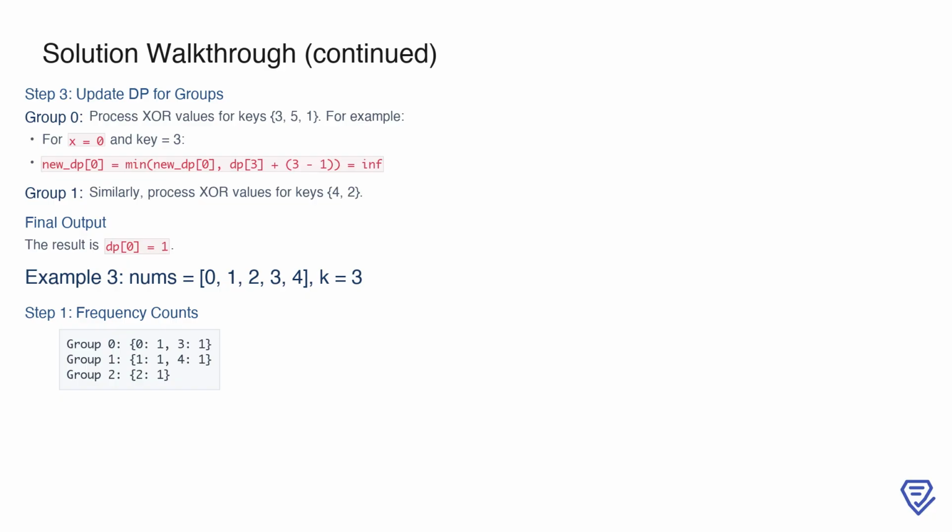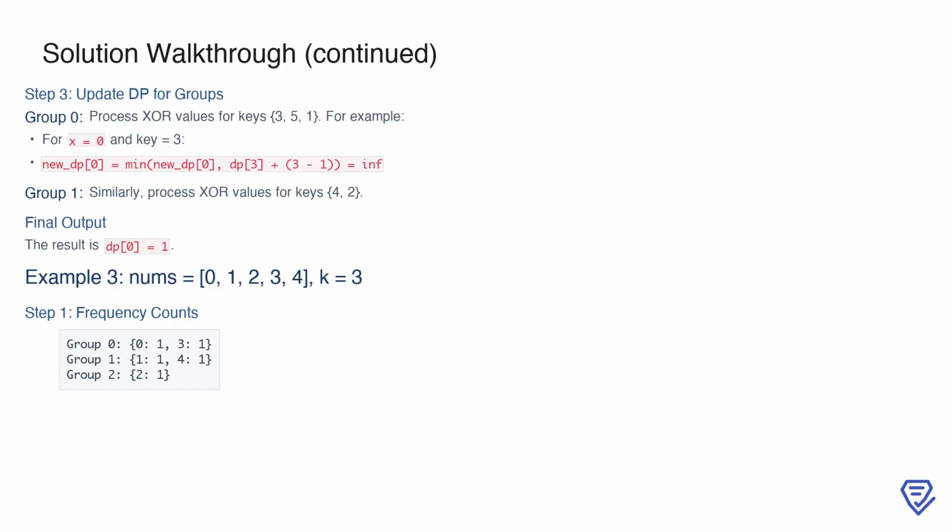For instance, for x equals 0 and key equals 3, we update the DP value for XOR equals 0 based on the current DP value for XOR equals 3 and the cost of modifying elements in the group. Similarly, for group 1, we process the keys 4 and 2 in the same manner. After updating the DP array for both groups, we determine that DP0 equals 1, meaning only one change is needed to make the XOR of all segments equal to 0.